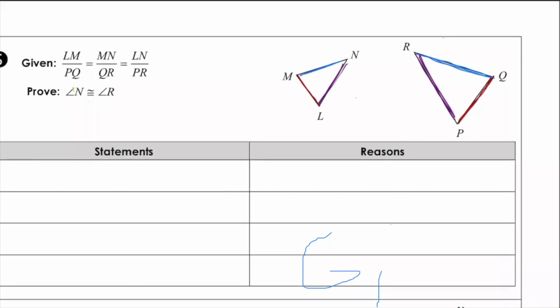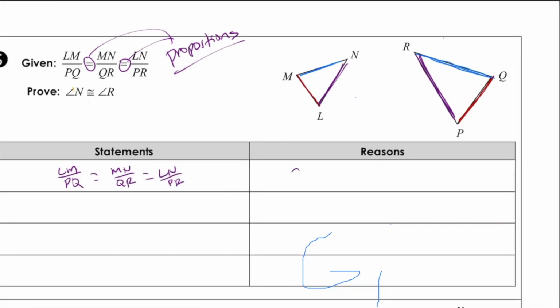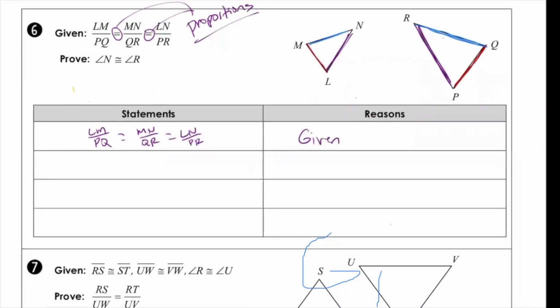So if we have 3 ratios and they're all equal to each other, that means they are proportions, right? So we can say LM over PQ equals MN over QR equals LN over PR. That's given. Then we can say all 3 sides are proportional. Given gives us all 3 sides proportional.